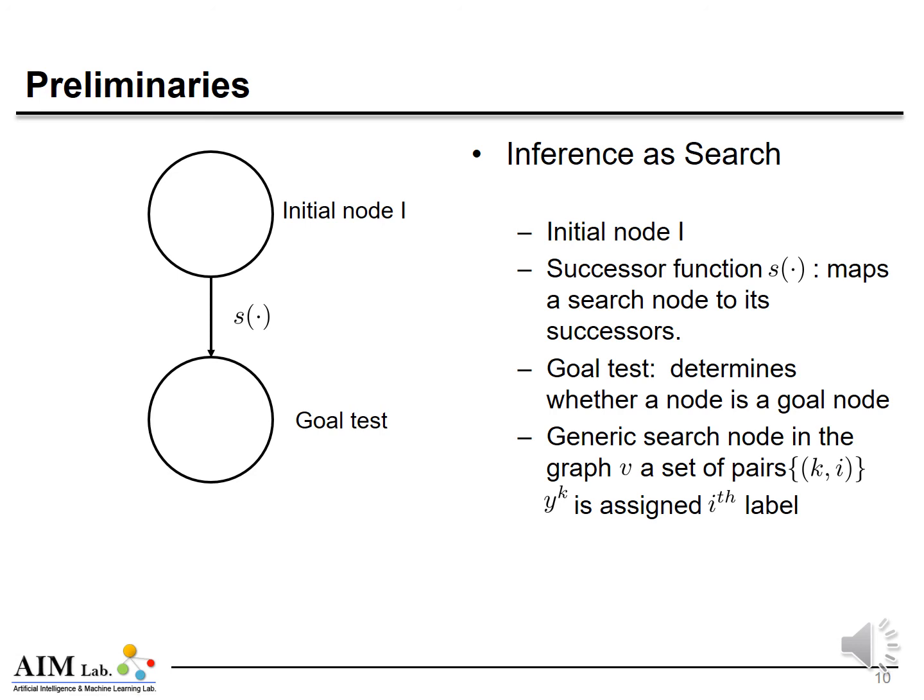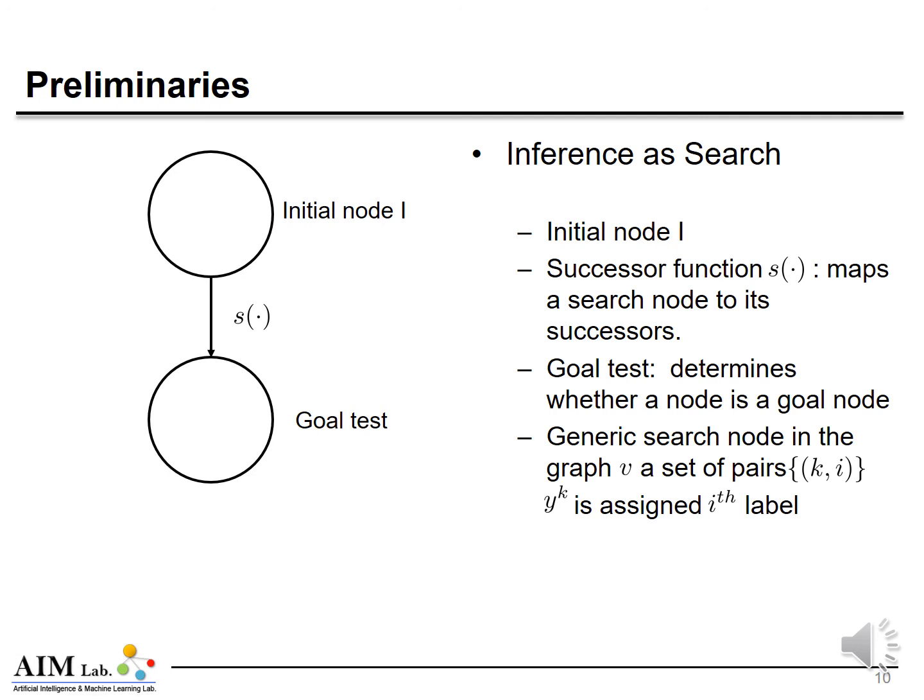A general graph search problem requires defining an initial search node I, a successor function S, and a goal test. The successor function S maps a search node to its successors. The goal test determines whether a node is a goal node. Usually, each search step is associated with a cost function, and we seek to find a goal node with the least total cost.